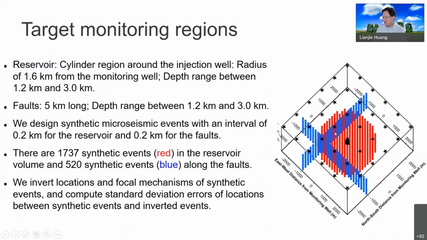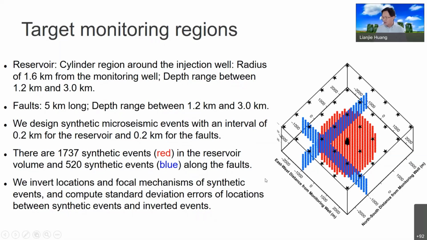And then there is a depth. You can define whatever your target monitoring region and depth are. For example, here it is from 1.2 to 3 kilometers, up to the basement. Also, you can define the two faults, and the start point of the microseismic events that we use for synthetic microseismic data generation.